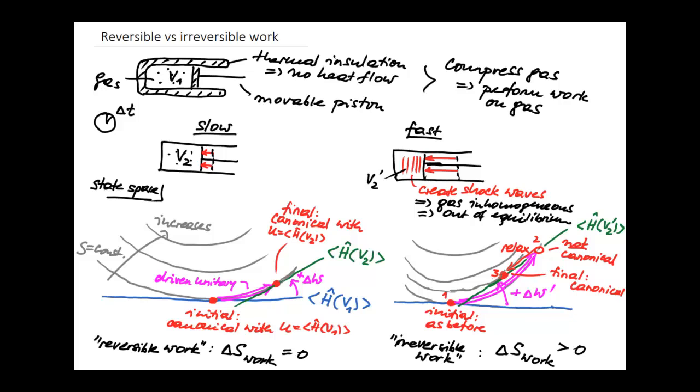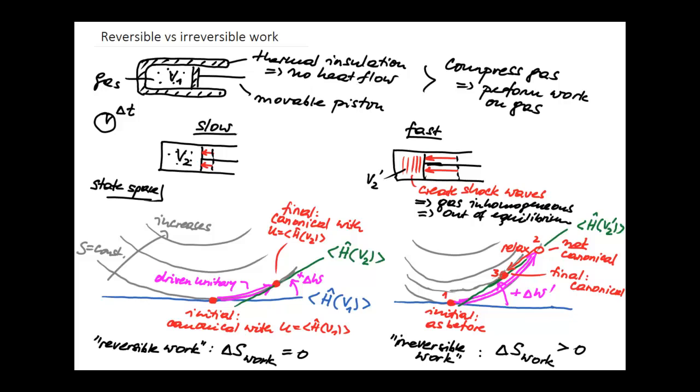The system on which you perform work generally has a typical time scale on which it relaxes towards equilibrium if it's disturbed and driven out of equilibrium.